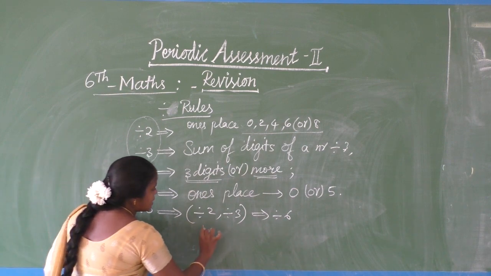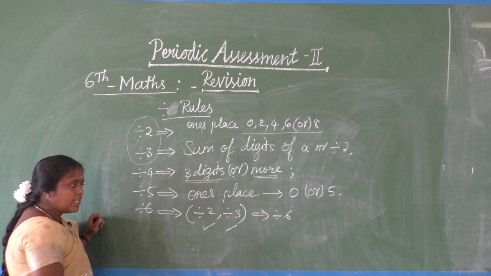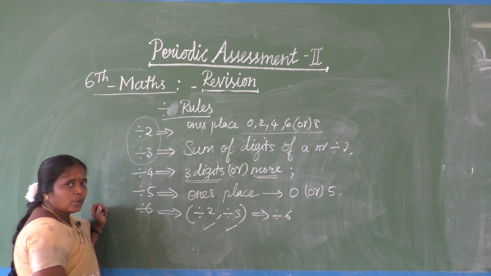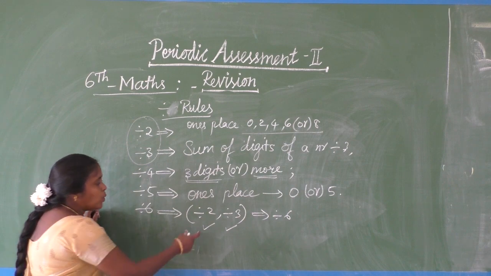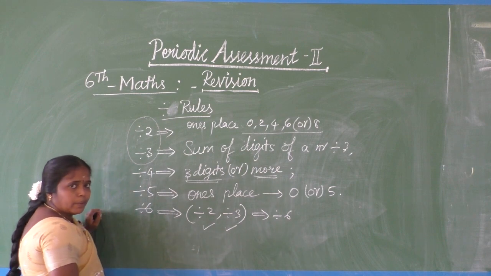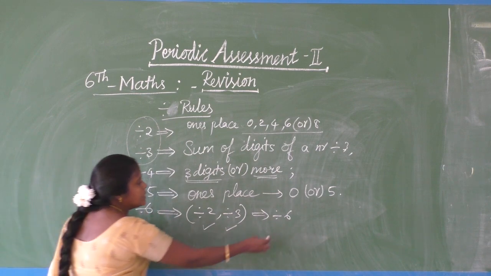If the number is divisible in both cases, automatically it is divisible by 6 also. If in one case it is divisible and in another case it is not divisible, you can decide the given number is not divisible by 6.